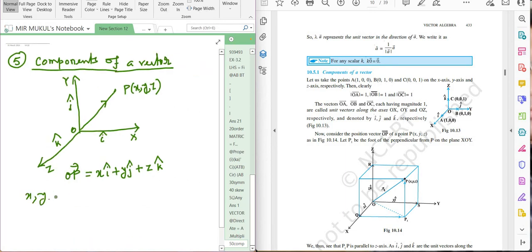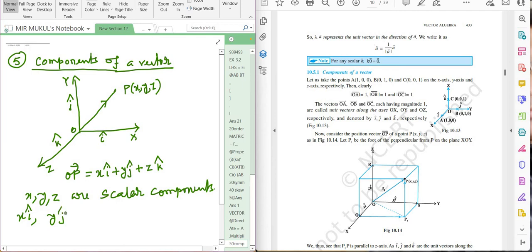Here x, y, z are scalar components, and xi, then yj and zk are vector components.